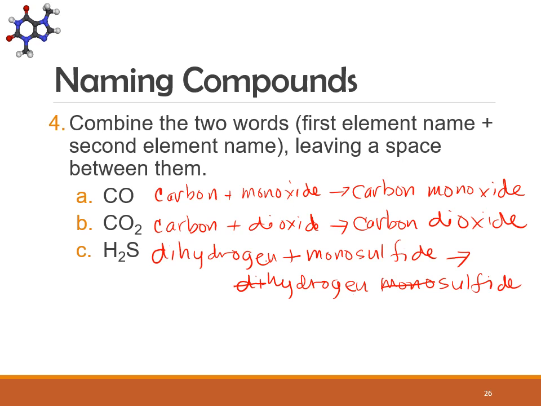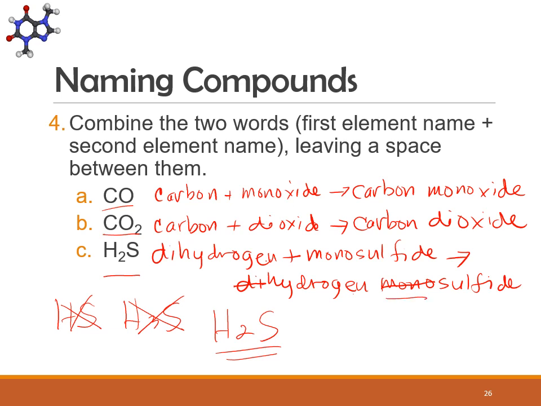So in the case of the first and second molecule, CO and CO2 exist, so we need a system to distinguish between the two. For H2S, however, there is no molecule that is HS and no molecule that is H3S, so we only have H2S. When this happens, we can omit the prefixes referring to the number, and we stick with just hydrogen and sulfide.